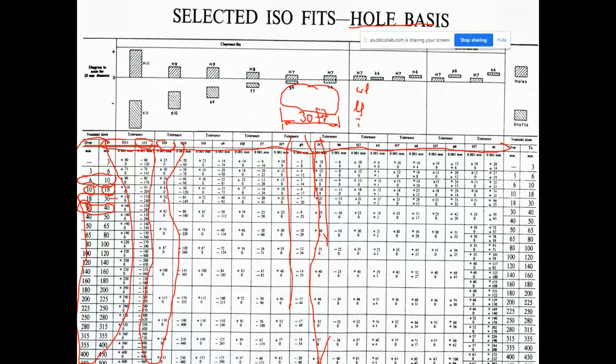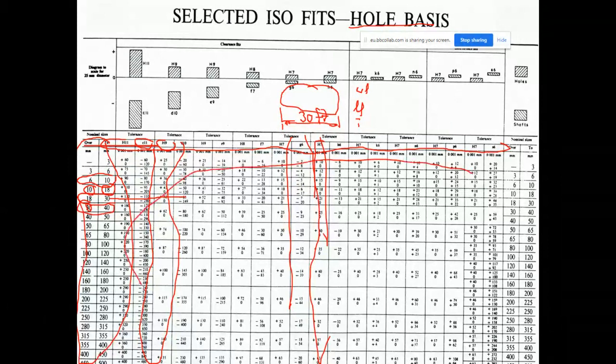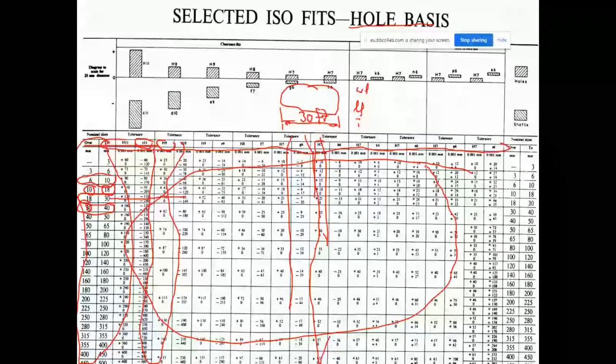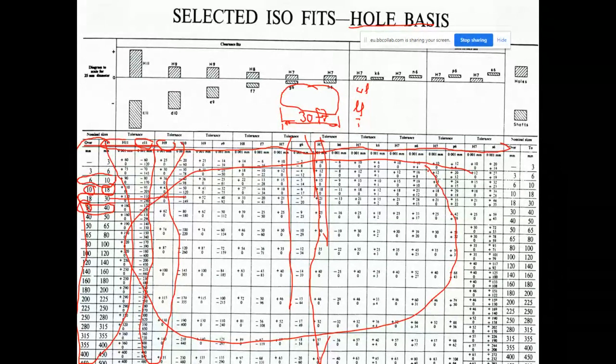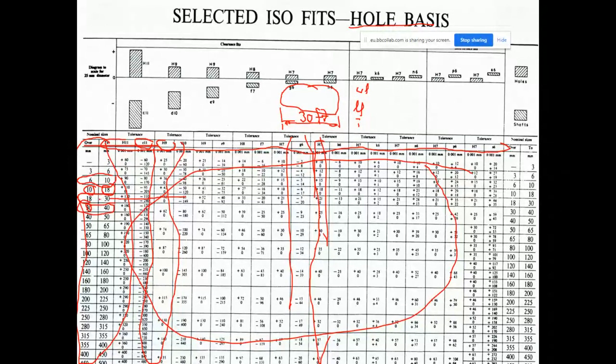After selecting the range, to find the deviation values, in the main part of the table, which I have now bounded, we have the deviation values. Within the pigeon boxes, we have upper and lower deviations. To be able to find the deviation for 30 F7, follow this row.